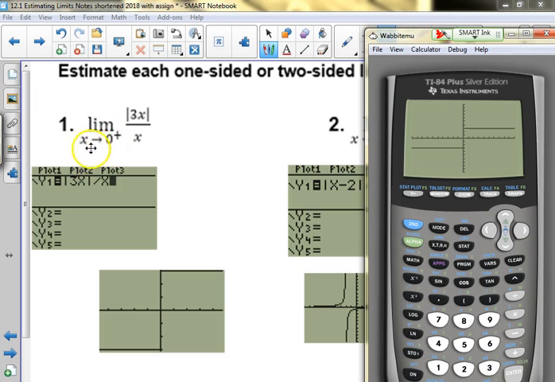So it asks, what is the limit approaching? How do I read this? As we get close to 0 from the right. So as x was getting closer and closer to 0 from the right, what was the y value? 3. Okay, what are some numbers if I went to my table that I could put in to test that?